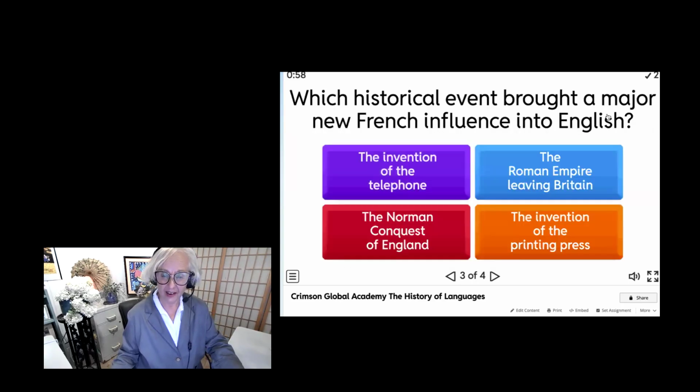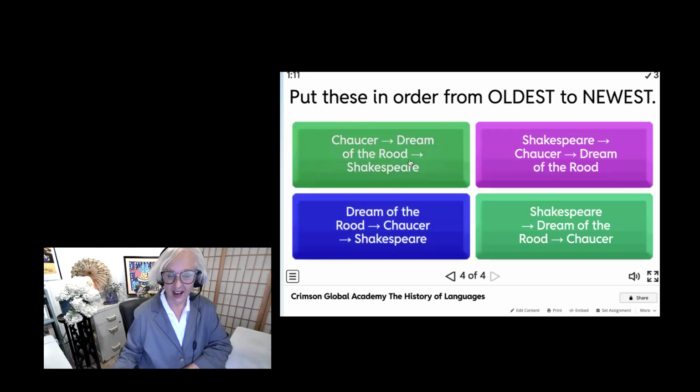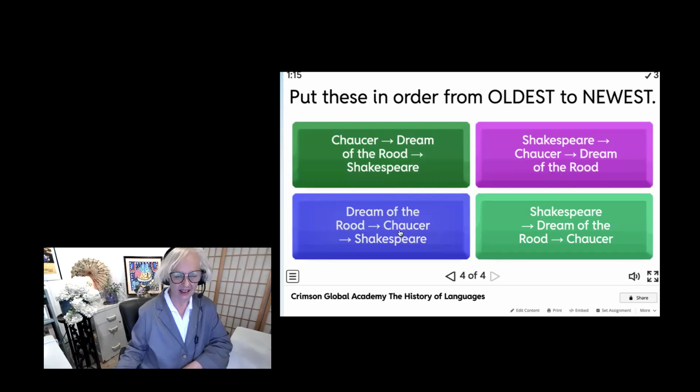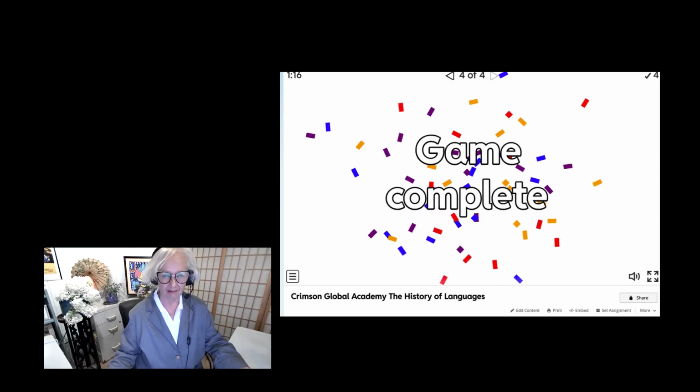And the historical event that brought a major new French influence into English was, of course, the Norman Conquest. And our last question is putting the order of English in the right sequence. And of course, Dream of the Rood, Chaucer, Shakespeare.